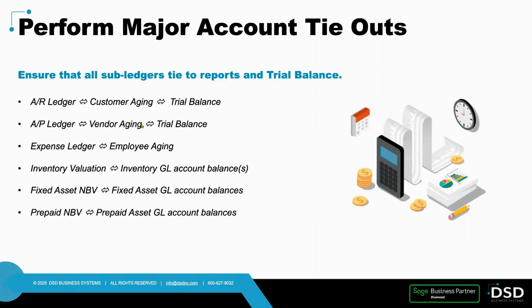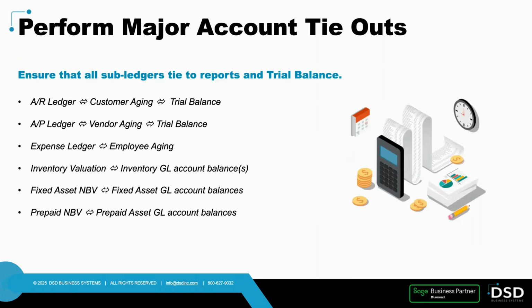But if you have that turned off, then it would go as follows: the AR ledger to the customer aging and the trial balance, the AP ledger with the vendor aging and trial balance, and then on the expense side, the expense ledger to the employee aging.